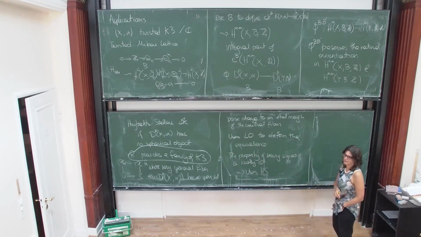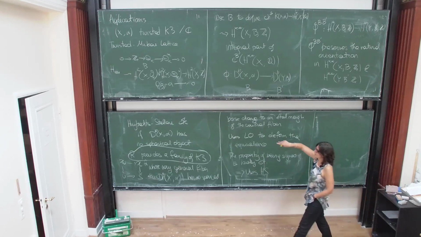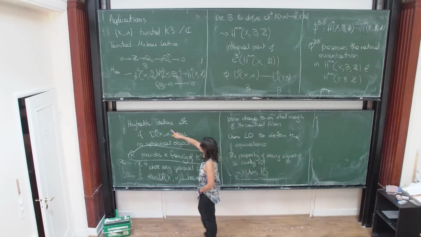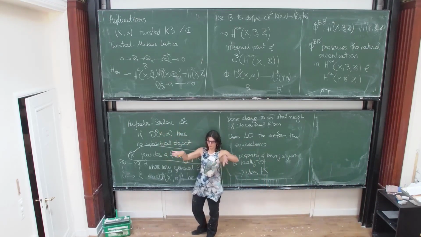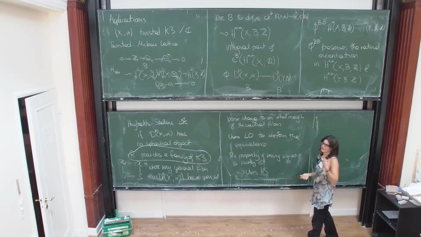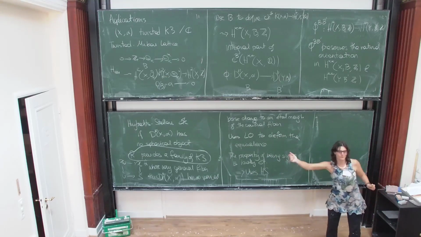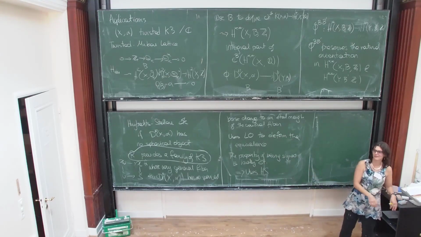And the paper by Lieblich-Olsson and Stellari, using Hodge cohomology, was made because there was a problem on K3 that was easier on analytic K3, so they deformed there, and then they solved it.